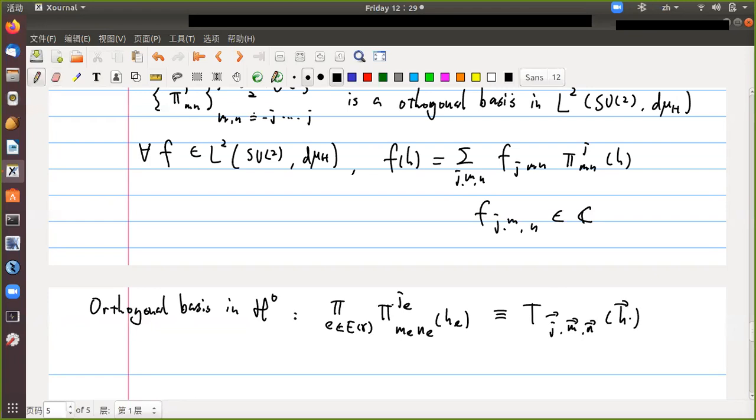It depends on, well, it's labeled by J vector, M vector, and N vector, and it is a function of H vector. Well, here vector means that it's a sequence of J's, containing J's on all edges. So here the H vector is a sequence of polynomials depending on all the edges.